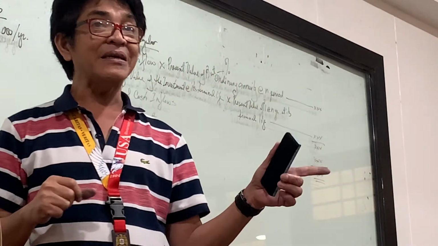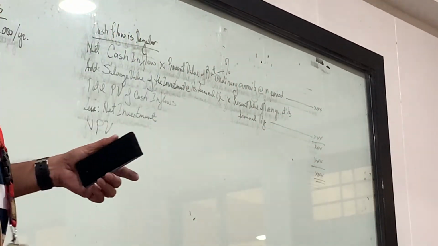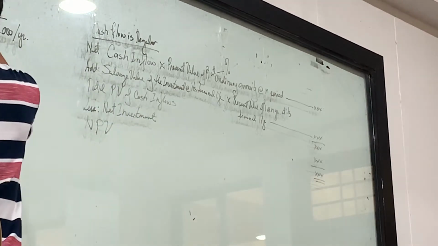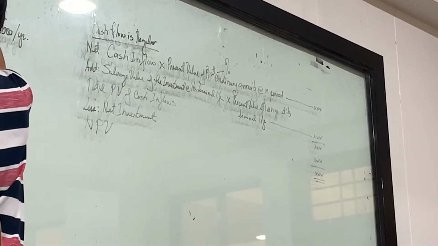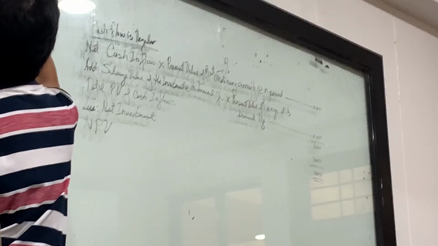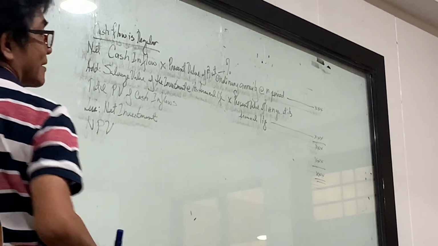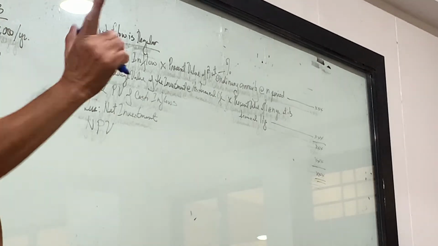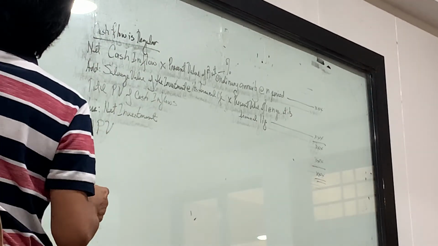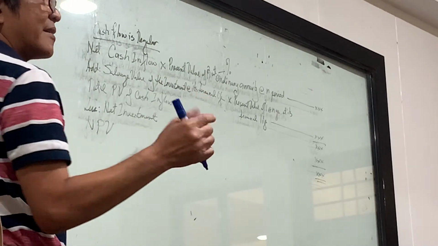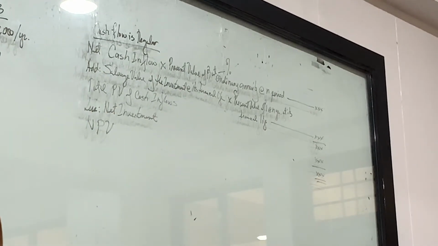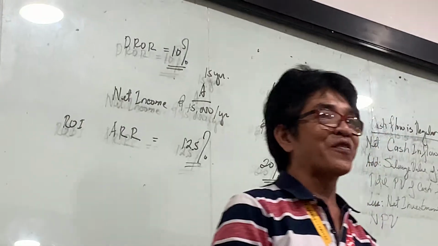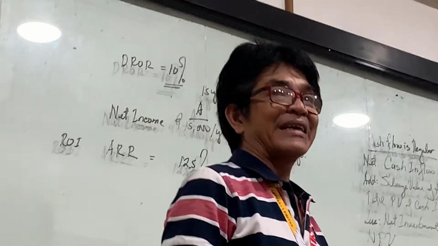Ang yansang B? 6. Okay, so this is the life of A is 15 years. Yansang B, 6 years. Okay? Let us assume a desired rate of return of 10%. This is your desired rate of return.